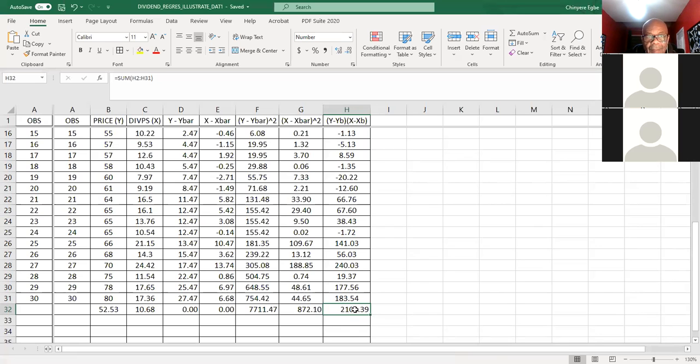Individually, the sum of Y minus Y bar is 0, and the sum of X minus X bar has to be 0. But when you take X minus X bar and multiply it by Y minus Y bar, and you go through all of it, the sum cannot be 0. You get the point now?